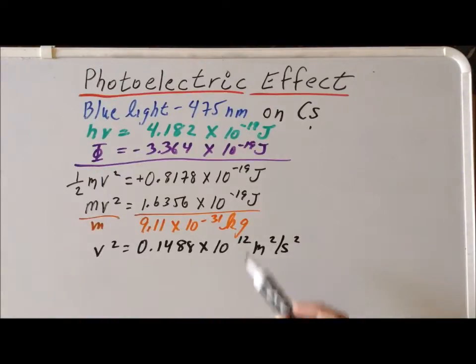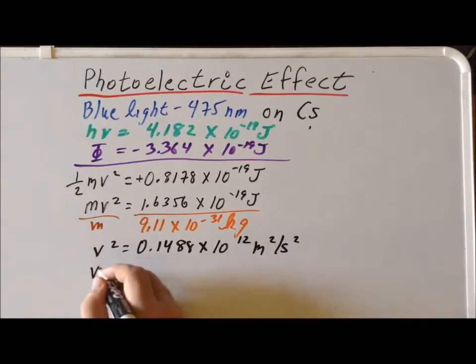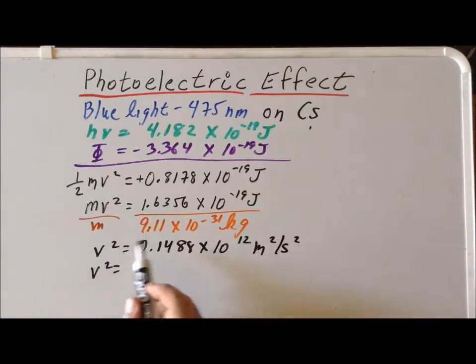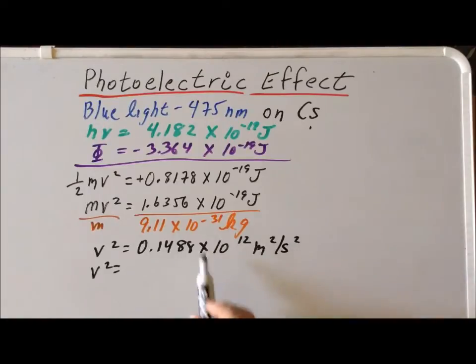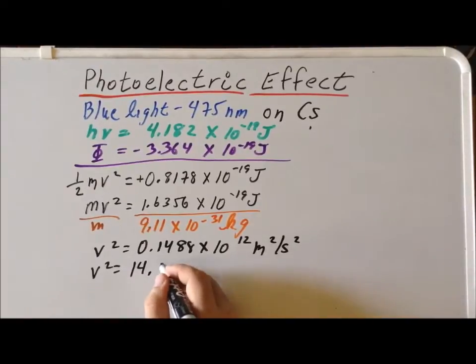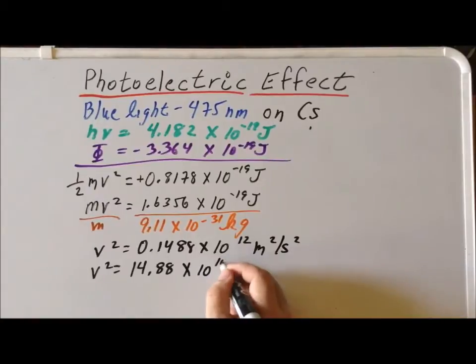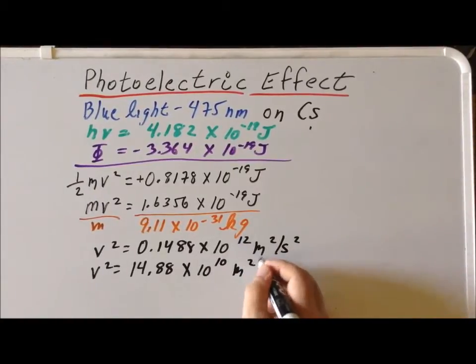The kilograms will cancel and we'll be left with meters squared per second squared. To simplify this calculation just a little bit, we can multiply the left by 10 to the second power and divide the right hand side by 10 to the second power. So we simply shift a decimal point to get 14.88 times 10 to the 10th meters squared per second squared.